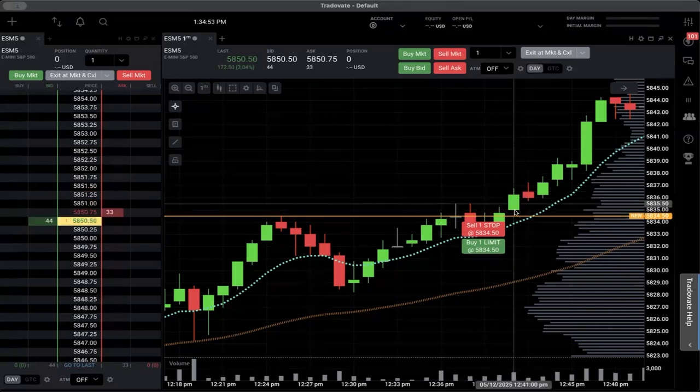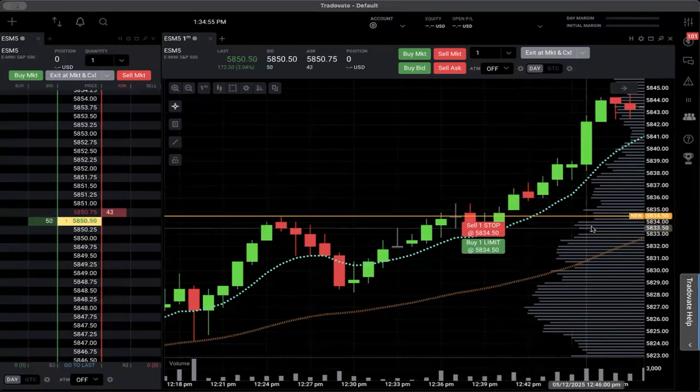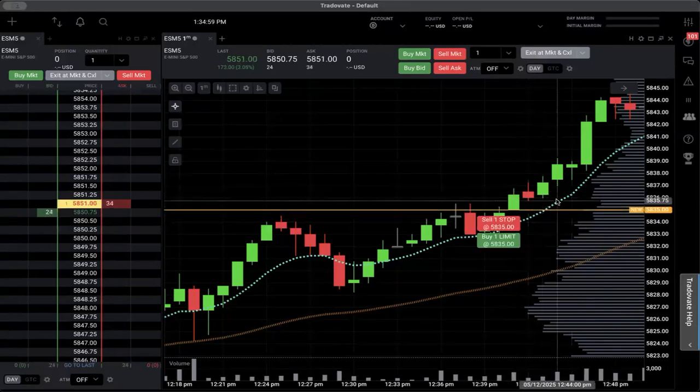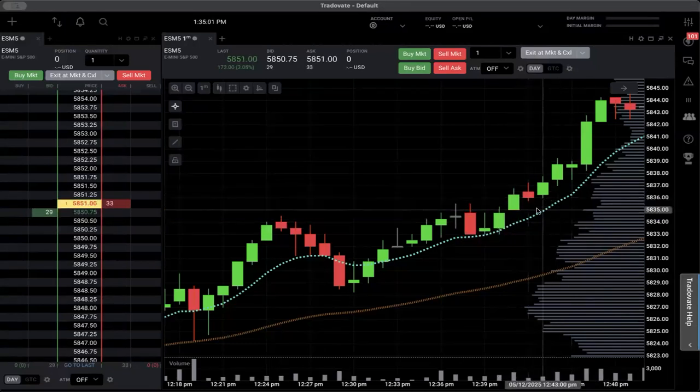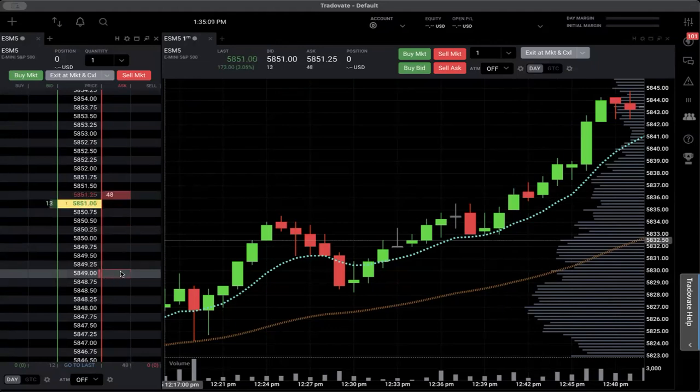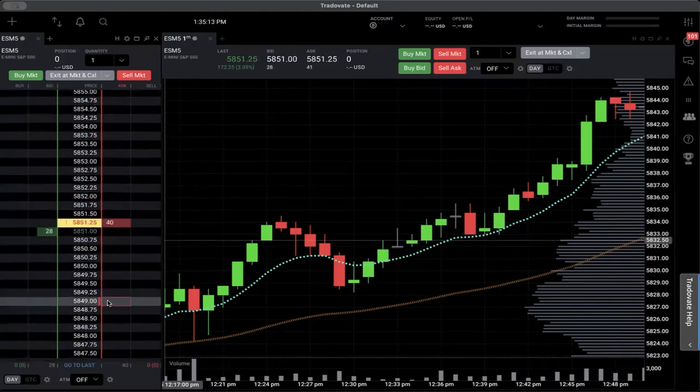Because I wouldn't have triggered my take profit. But still at the same time, you're continuing to move your stop loss up. Stop loss up, stop loss up. You're just monitoring the trade. The great thing about this site is literally if you have your take profit set right here, you can literally click it and then drag it.